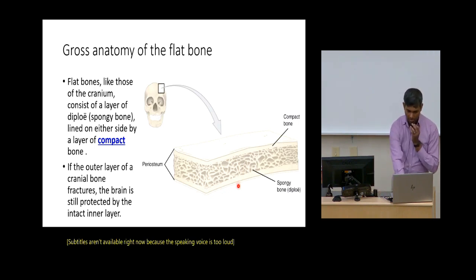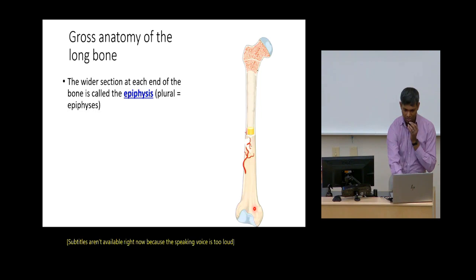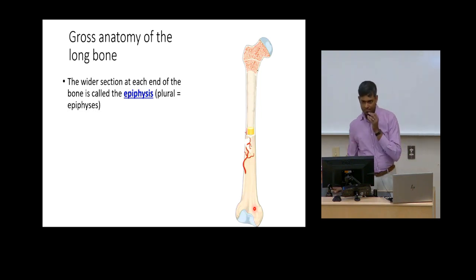Now, long bones, on the other hand, are mainly going to facilitate movement, and we find that the spongy bone in a long bone like this will be in the two ends, right? And these two ends are known as the epiphysis.